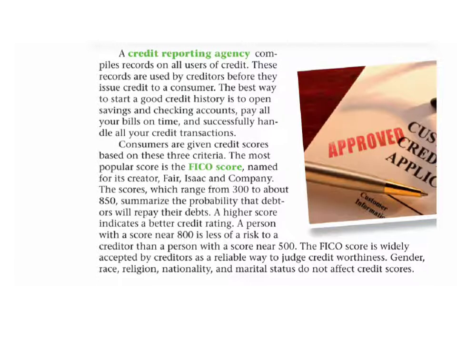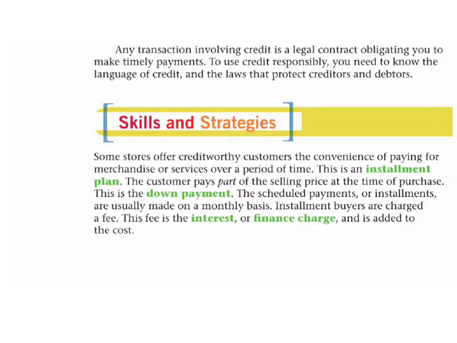Here is credit reporting agency and FICO score. Remember to press play after you get these things written down. And here are the last few: installment plan, which is important in this unit, down payment, interest, and finance charge. When you get done defining these terms, please press play again. Thanks.